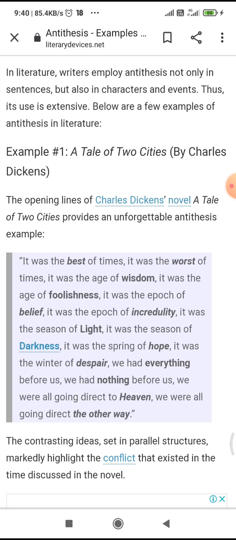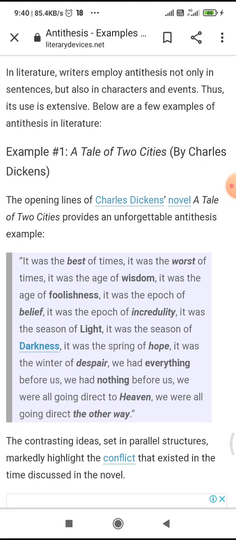So students, look at these lines, very antithetical statements. We had everything before us, we had nothing before us. Entirely opposite. We were all going direct to heaven, we were all going direct the other way. The contrasting ideas set in parallel structures markedly highlight the conflict that existed in the time discussed in the novel.